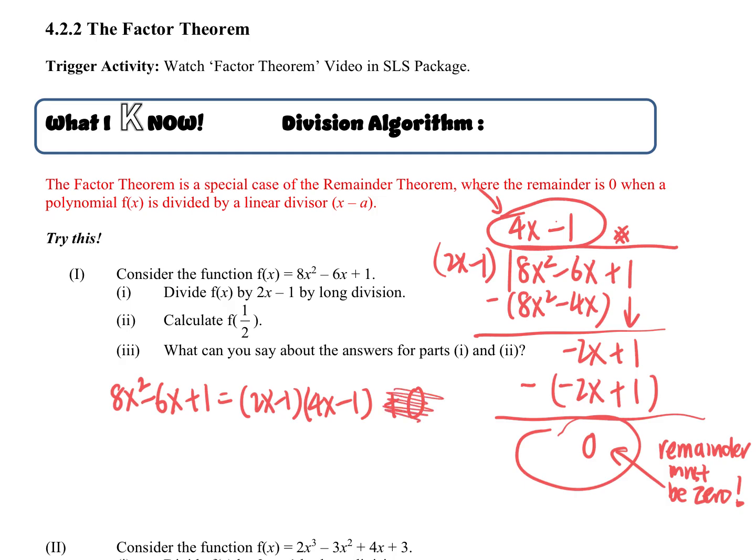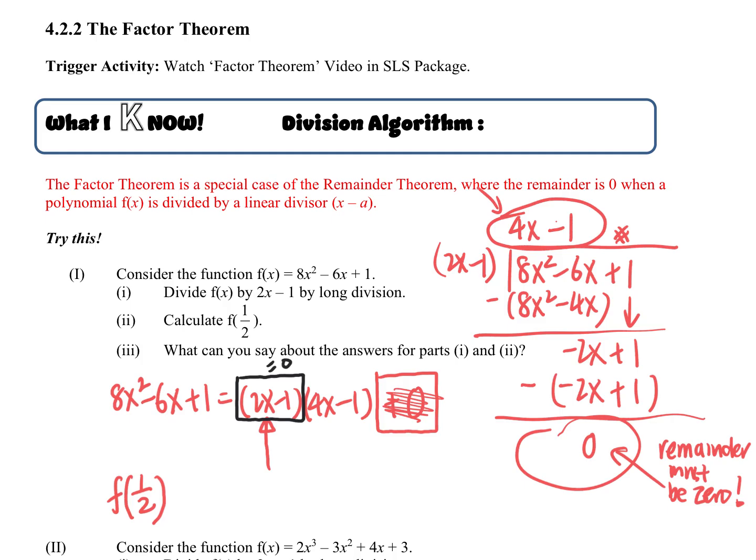So how can I get to my answer immediately? If I make this thing 0, then I will get my remainder as 0. So when you sub in x as half, what you are trying to do is make this equal to 0.